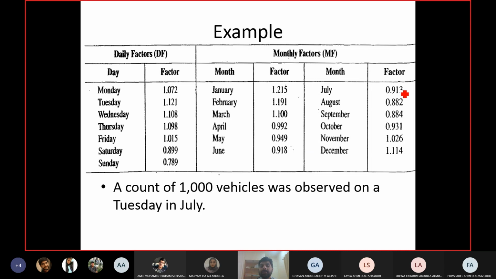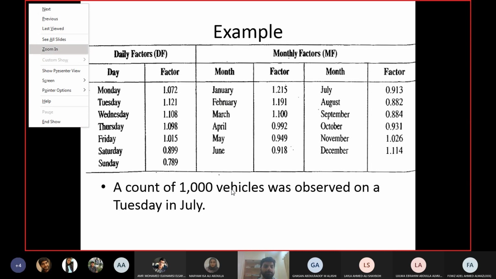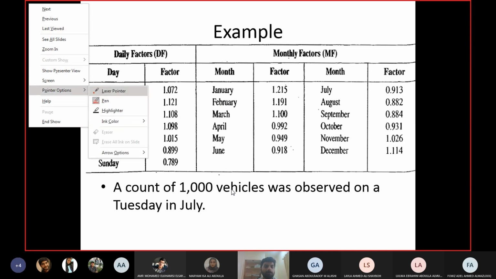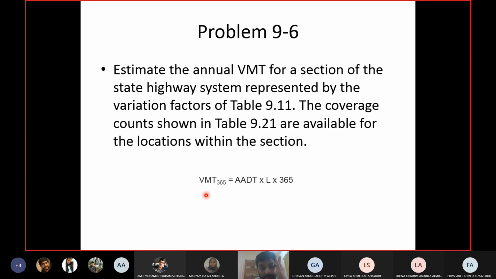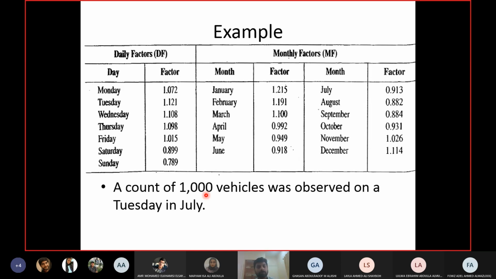This will give you the AADT at this coverage count location, the location where you have taken the 1000 vehicles value. So life becomes easier, right? Life has become much easier. So 1000 multiplied by 1.121 and 0.913. How much will you get?